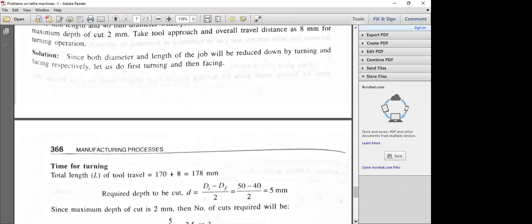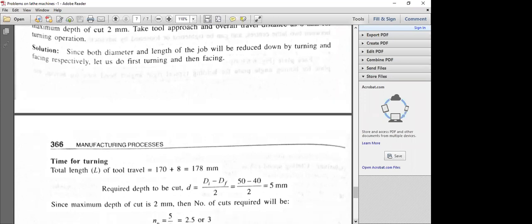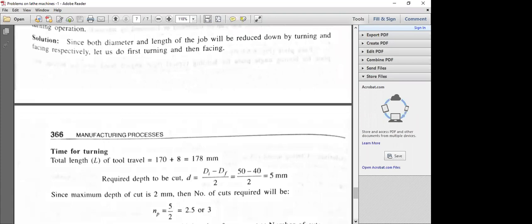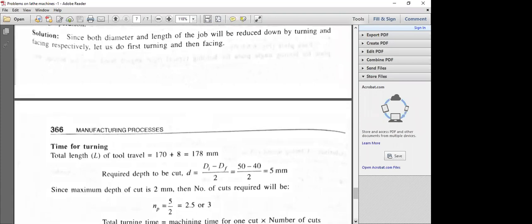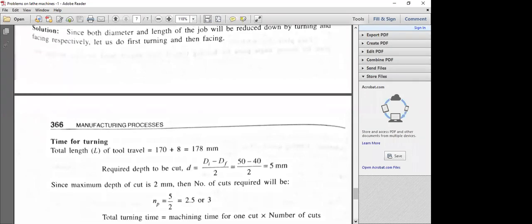But what is the maximum depth of cut he has given in the problem? He has given 2 mm. So what is the number of cuts? While calculating NP, the number of passes, NP is equal to the required depth of cut by the maximum depth of cut.